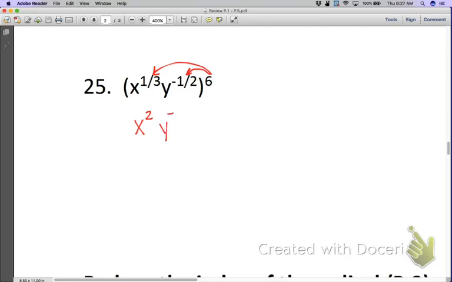Then it's y to the negative, what's 1/2 times 6? 3. So here's what I'm looking at, but now what do I need to do with that negative exponent? Put it on the bottom side. So x squared over y to the 3rd.